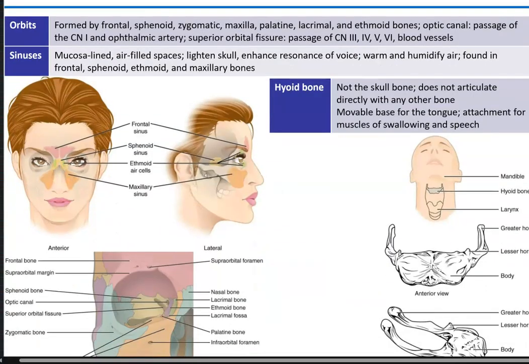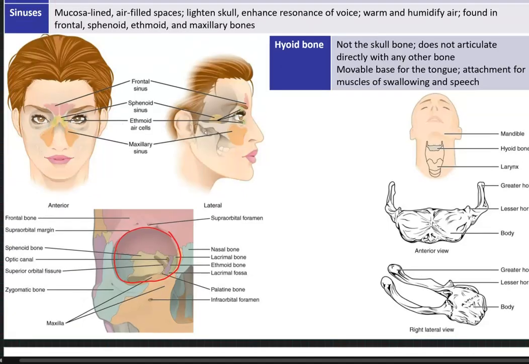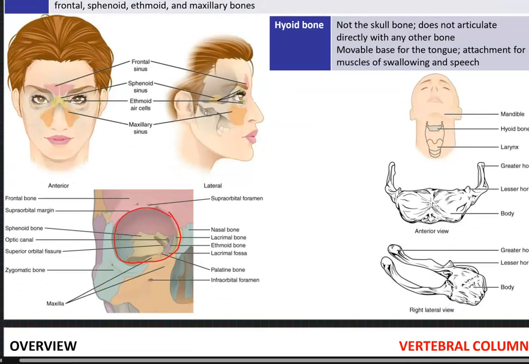So, our eyes are contained within the orbits. So this is the orbit, and you can see which bones form the orbit.